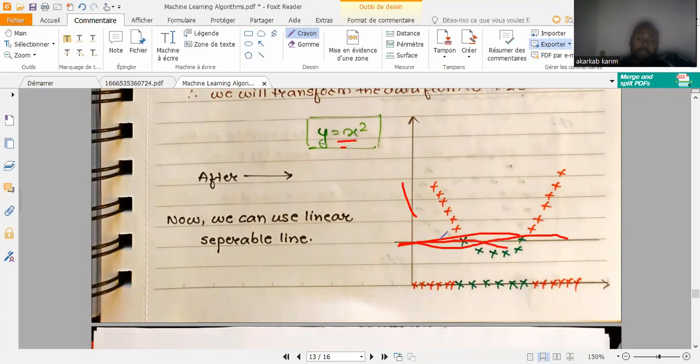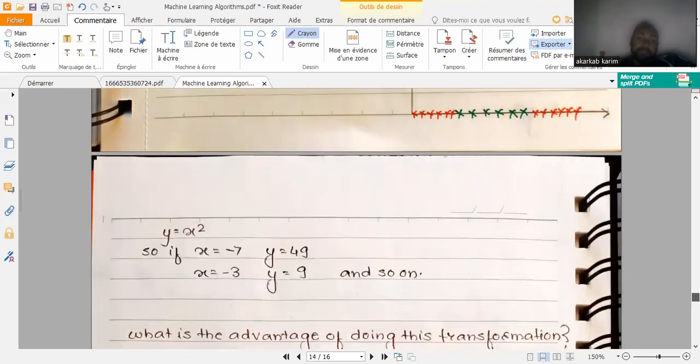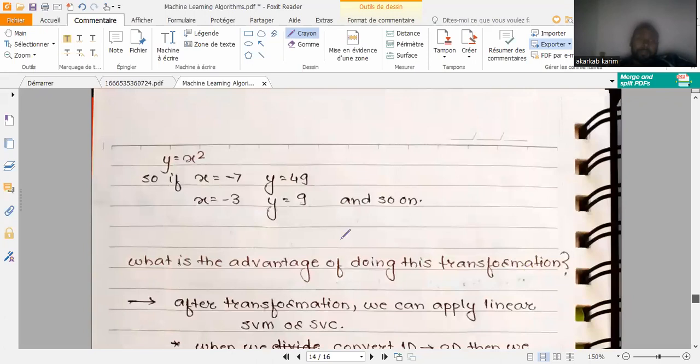As you see with me, we now have the ability to form a separating line and separate these two classes that we have. Let's take an example of the square, if we think the values should be positive: 1, 3 squared is 9, and so on.